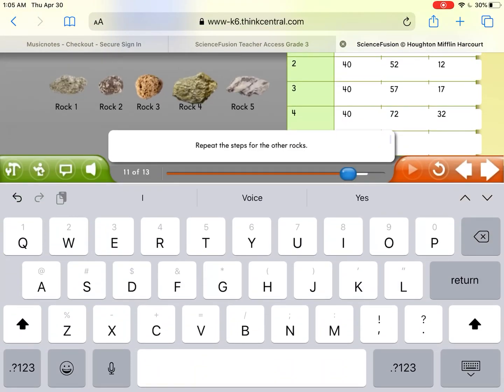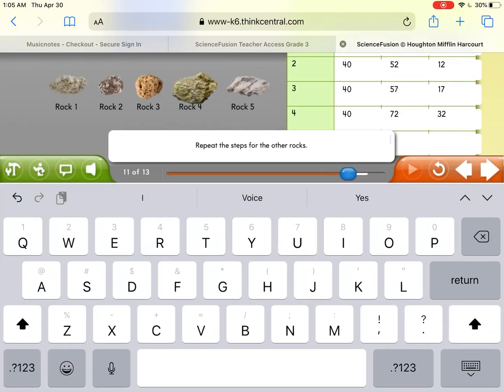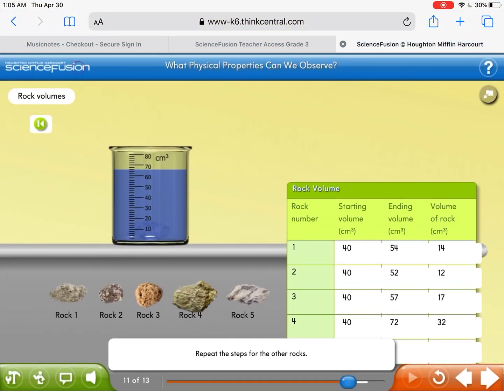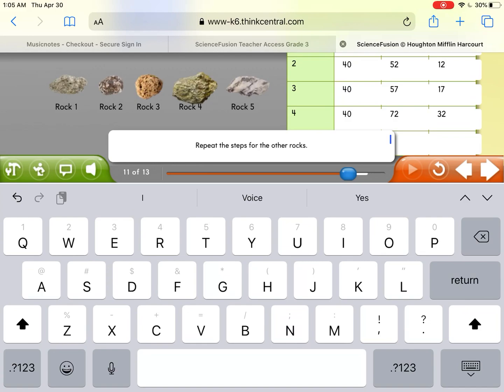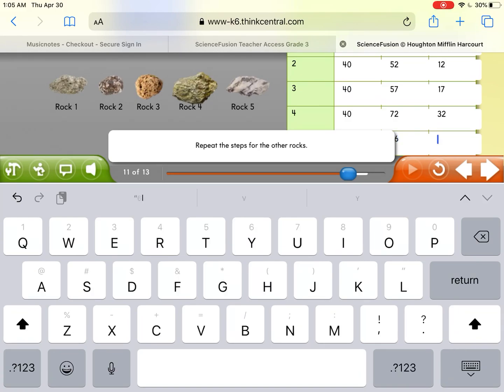And rock number 5. We started at 40 again. This box is in the way. So we're going to put it in. The height is 62, 64, 66.